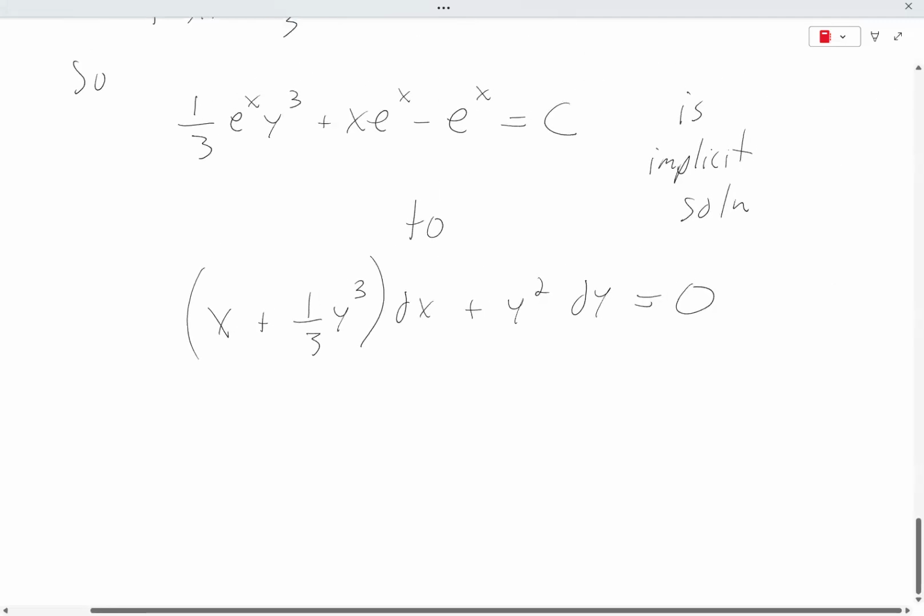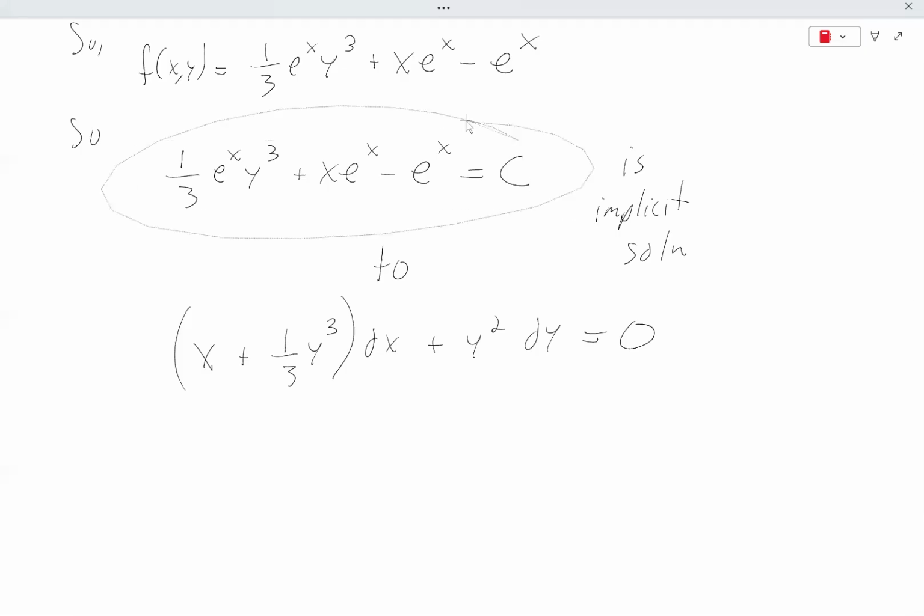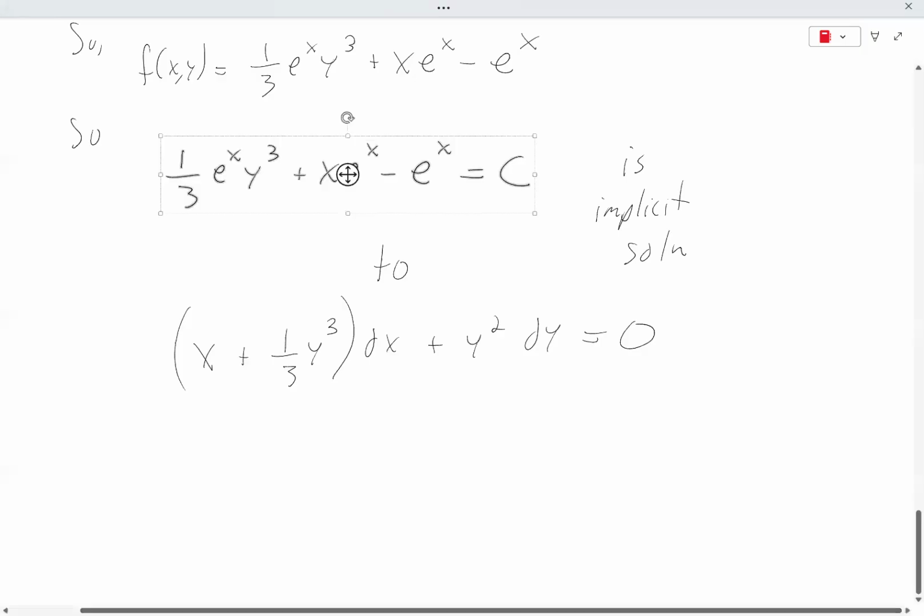By the way, what this is saying, I don't know if you remember from Calc 3, we did the implicit differentiation trick. If you have this and you find dy dx, we had dy dx equal to negative f of x over f of y.